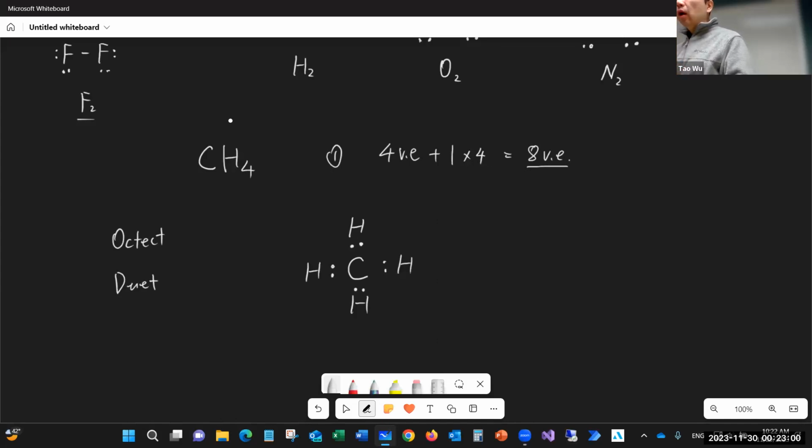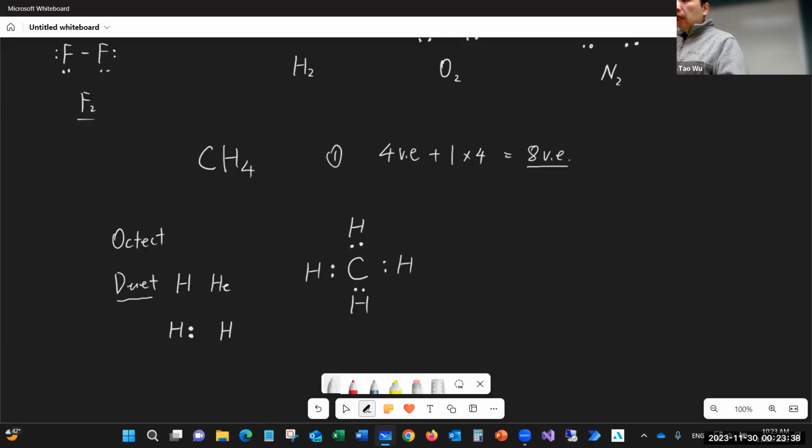The duet rule, the octet rule. Let's talk about the duet rule first. Only hydrogen and helium follow it. Hydrogen usually has one dot, and if it has 2 dots, they have to be paired, because in the first period, the 1s, there are only 2 electrons, and those 2 electrons have to be paired.